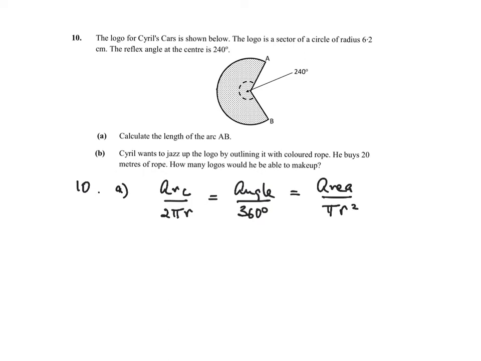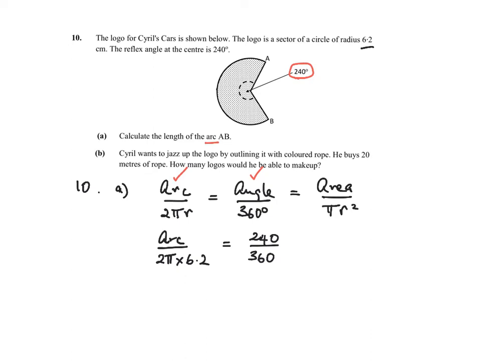So we're going to use the arc and the angle part because it asks us to find the length of the arc and we're given the angle 240 degrees. So arc AB over 2 pi times the radius. The radius is 6.2 equals 240 over 360.